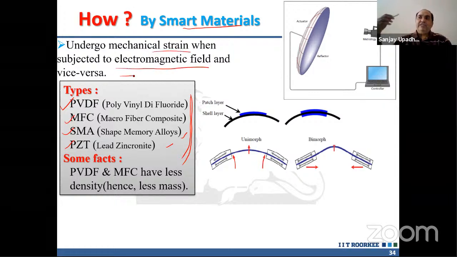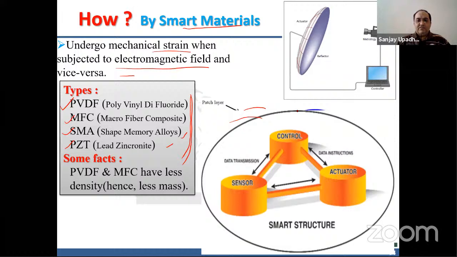That means it will actuate and it will sense. That's why it is known as a smart material. Usually this is a piezo layer, and in some structures you can easily paste the layer as well as the patches. Now you see the smart structure.